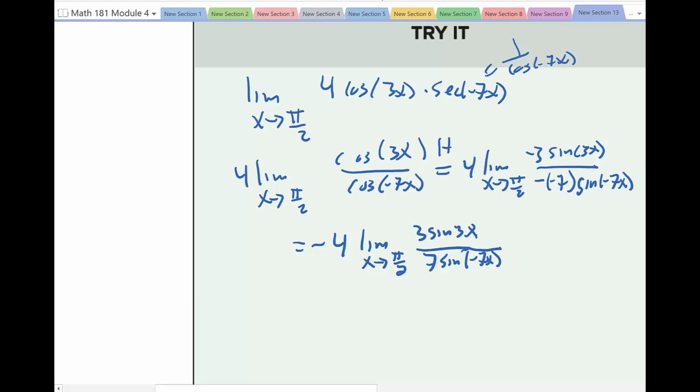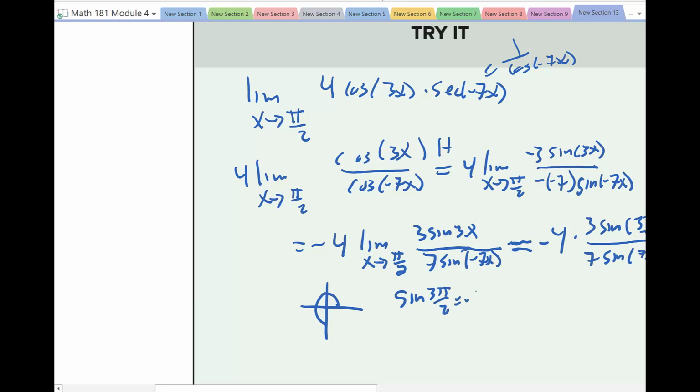Now, we're putting a pi over 2 in here, so this is essentially going to be negative 4 times 3 sine of 3 times pi over 2 over 7 times sine of 7 pi over 2. Now, I think we all know what sine is of 3 pi over 2. So sine of 3 pi over 2 is -1.